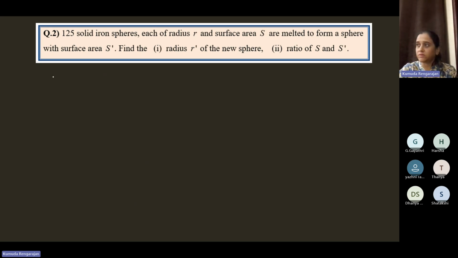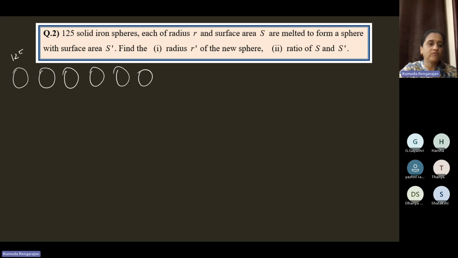125 solid iron spheres, each of radius r, and surface area S. They are melted to form one sphere with surface area S dash.